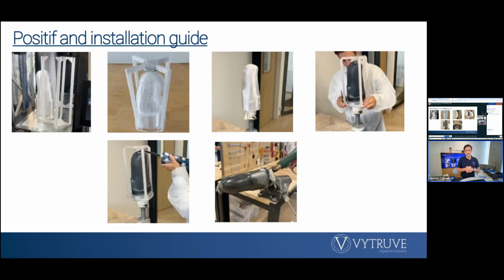You do your first lamination, you glue the anchor, and after you will remove the positive from inside the socket, and you will have a silicone socket or a carbon fiber socket. It's also possible to use the V-transfer plate to print a definitive socket if you have an MJF printer or other definitive socket.